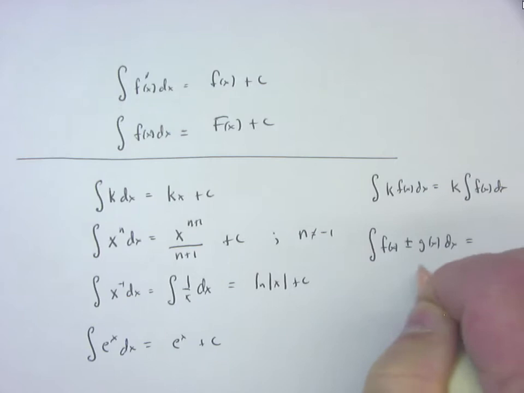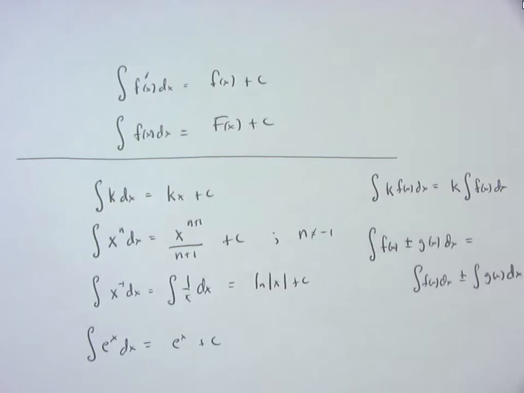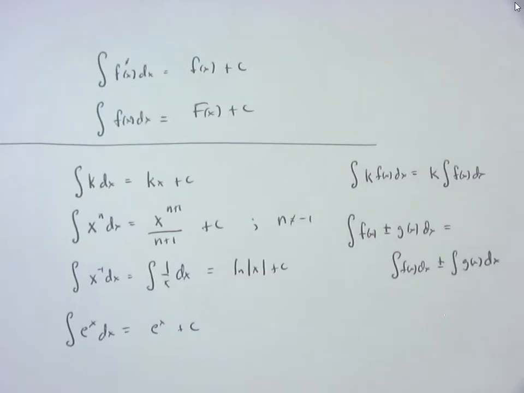That's equal to the integral of f of x dx plus or minus the integral of g of x dx. So when you've got a bunch of terms being added or subtracted, you integrate each term. Okay? However, there is no product rule, there is no quotient rule, and there's no chain rule for integration.